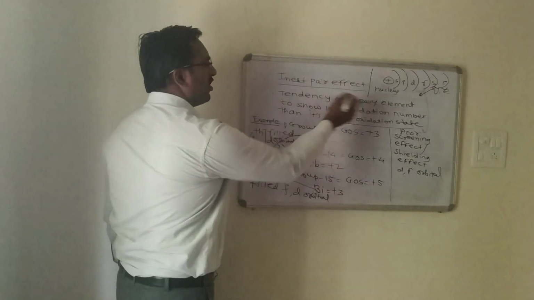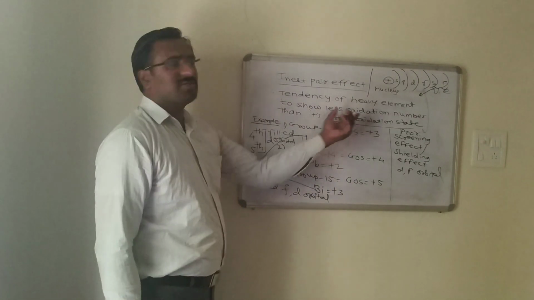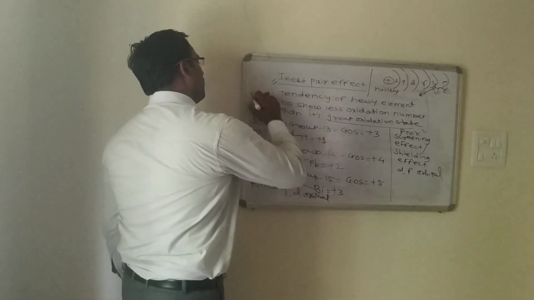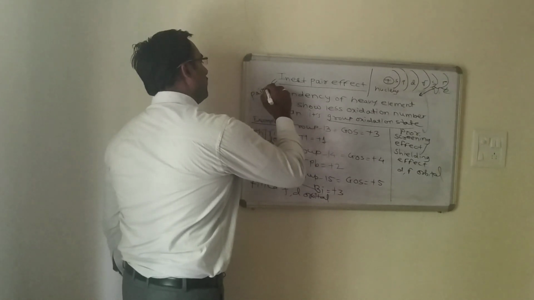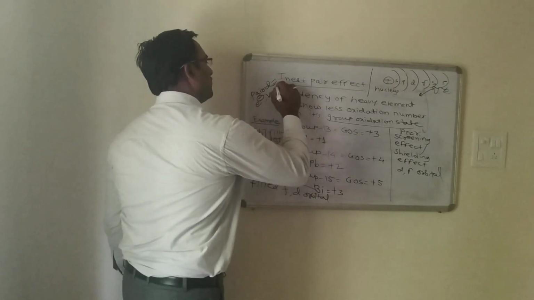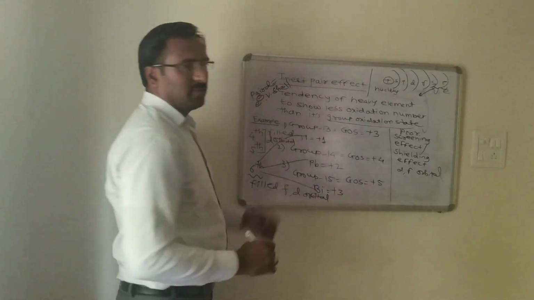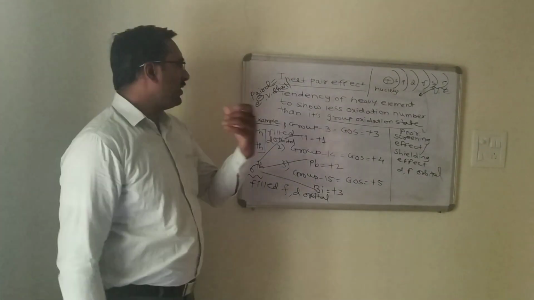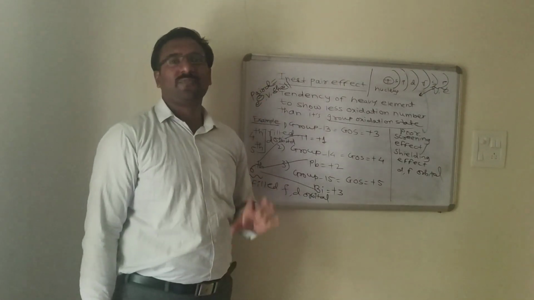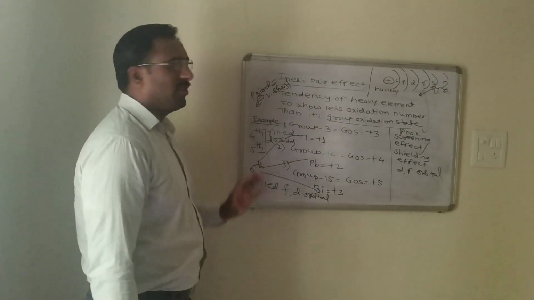Therefore, heavy elements show less oxidation number. The inert pair effect is the tendency to have a paired electron in the valence shell. This is all about the inert pair effect.